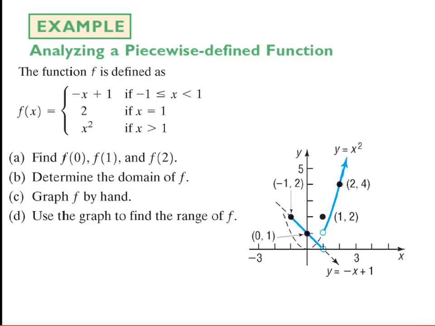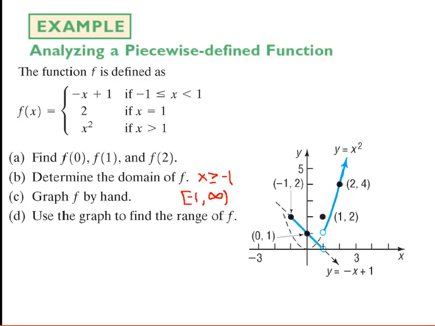Okay, so let me switch to my little marker here. And the domain here is all x's greater than or equal to -1. Now remember, what we would typically do is we would write that in interval notation. I'd have -1 with a bracket, and then I would go out to infinity with a parenthesis.